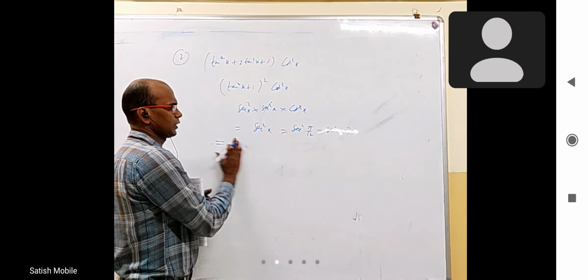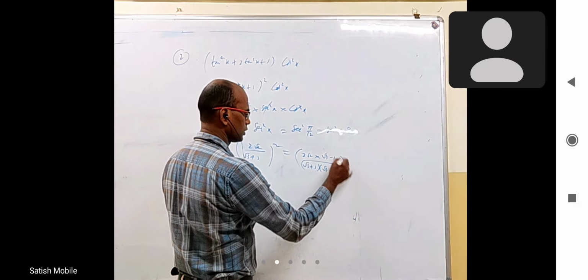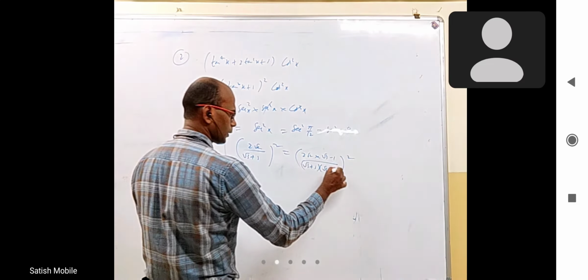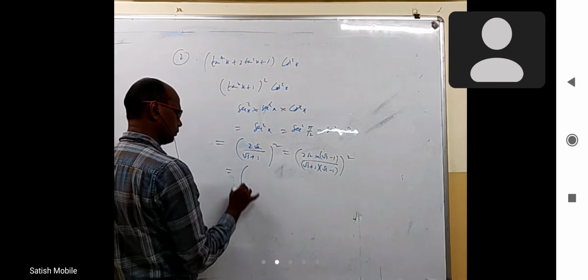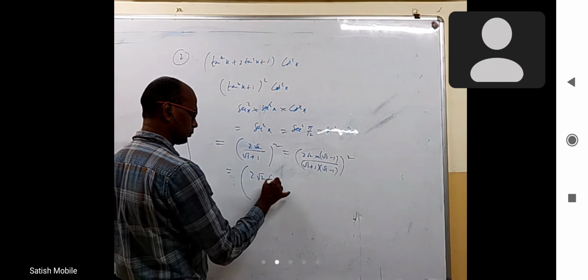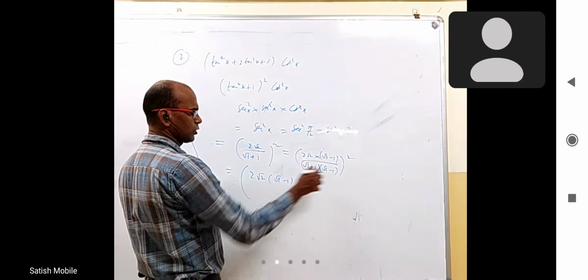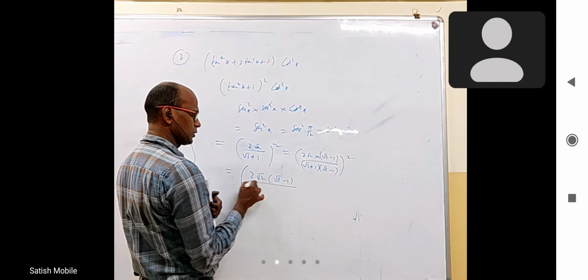Let me rationalize this. 2 root 2 into multiply with root 3 minus 1, root 3 plus 1 into root 3 minus 1 whole square. A plus b into a minus b is a square minus b square, we will get 3 minus 1 whole square. So, this 2 and this 2 will cancel.